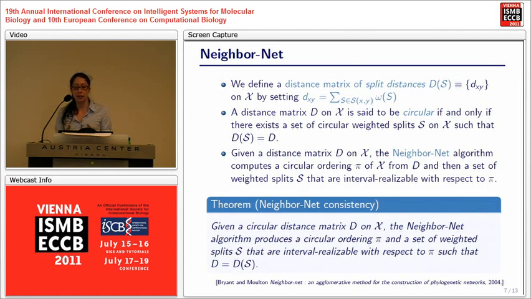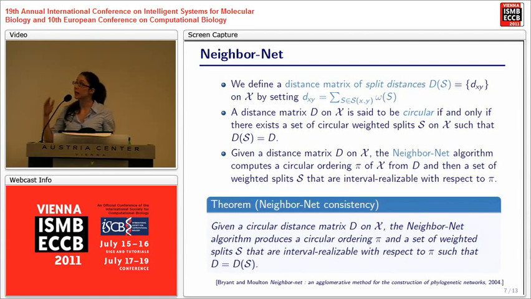So how do we do that? For each pair of taxa x and y, we take all the splits that separate x and y, meaning x is in one part of the partition and y is in the other, and we just sum them. In this way we get a split distance from a bunch of splits.